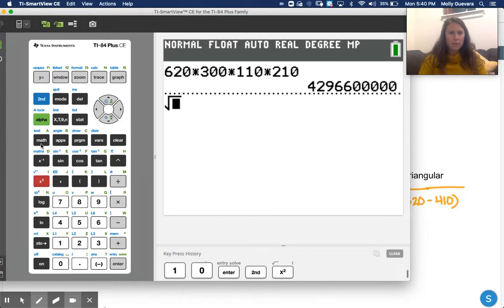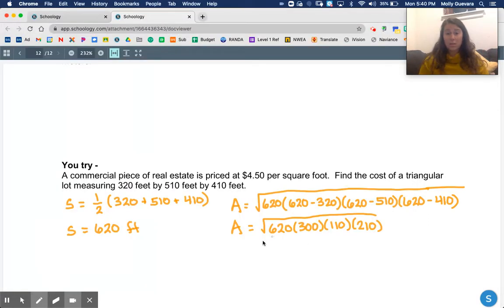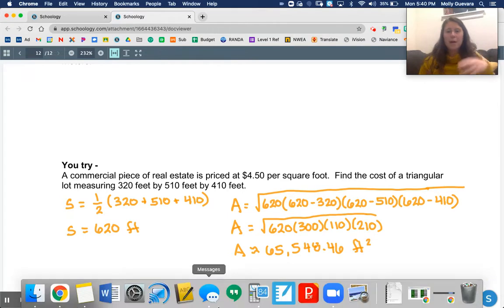Big number, and then I take the square root of that. And that's my area, about 65,548 square feet. Okay, so area is about 65,548.46 feet squared.